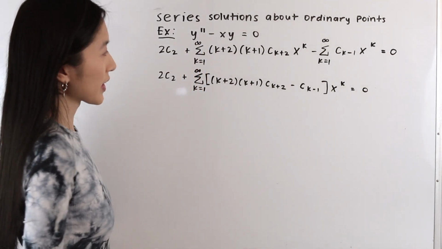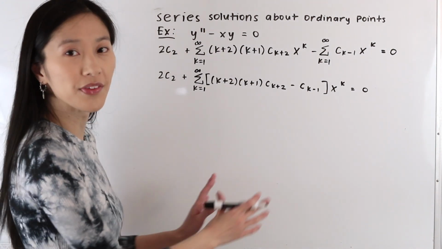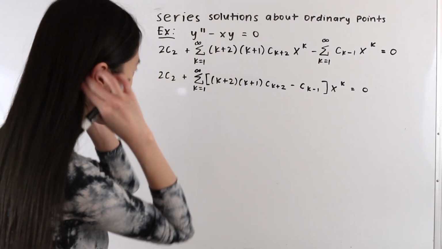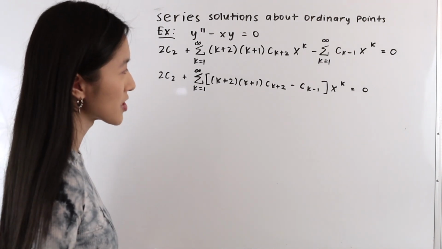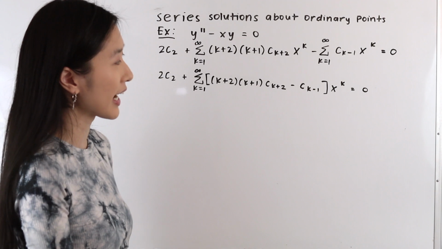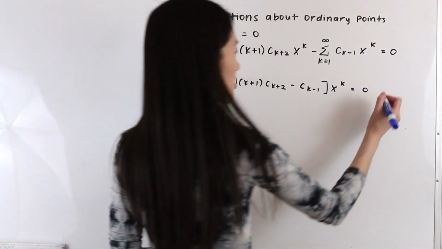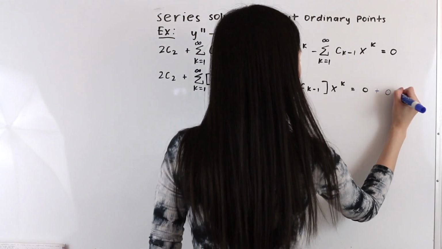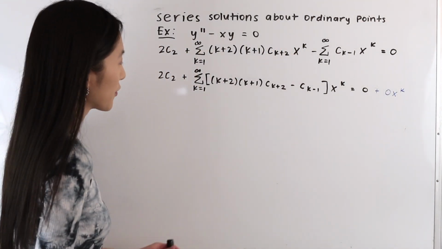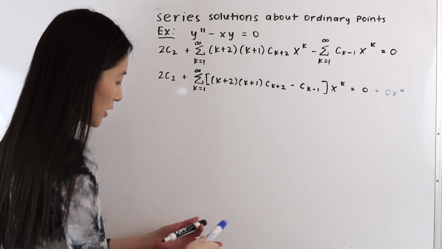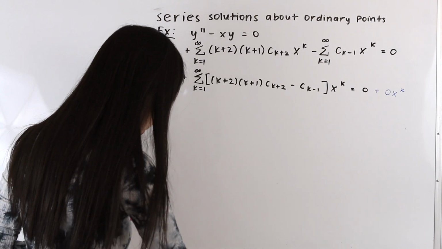And in our next step, what we're going to do is we are going to set our coefficients on the left-hand side equal to those on the right-hand side so that we can get our recurrence relation. So because there is no coefficient corresponding to x to the k on the right-hand side, it is safe to assume that our x to the k coefficient on the right-hand side is equal to 0. So let's go ahead and set our coefficients on the left-hand side equal to those on the right. So let's go ahead and start off with our constant term.